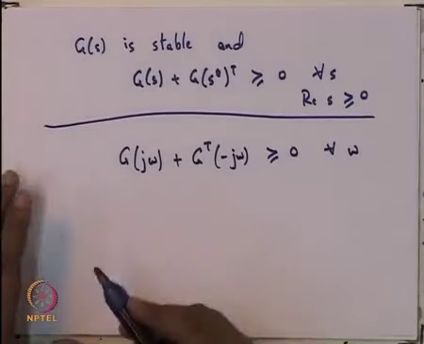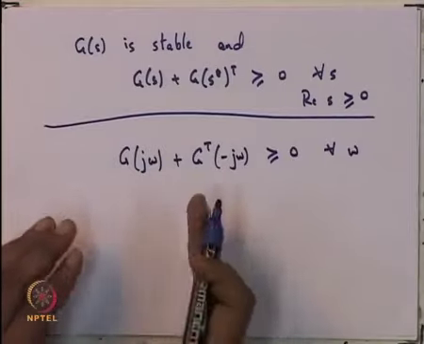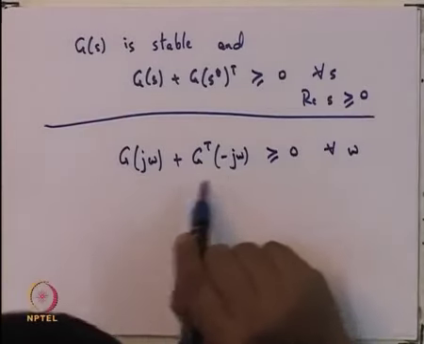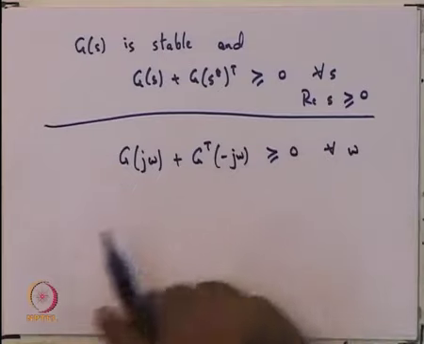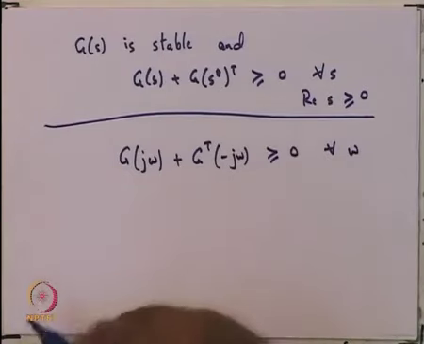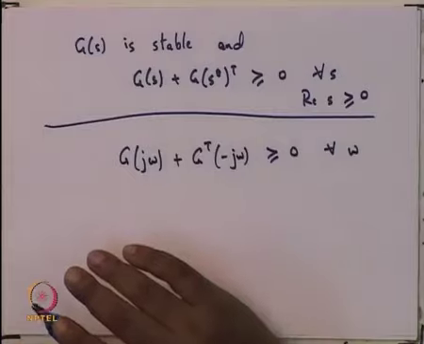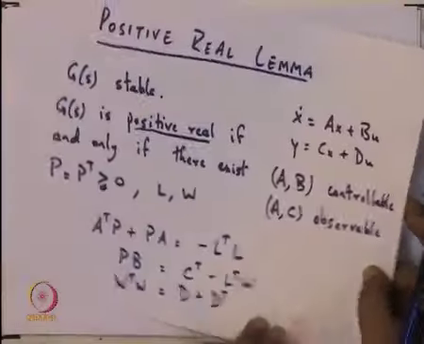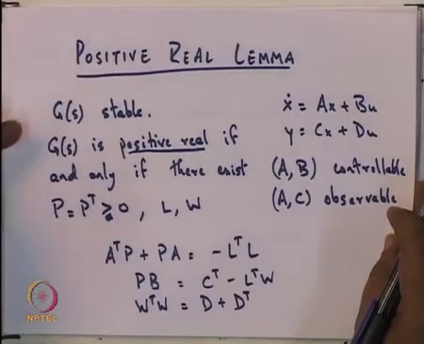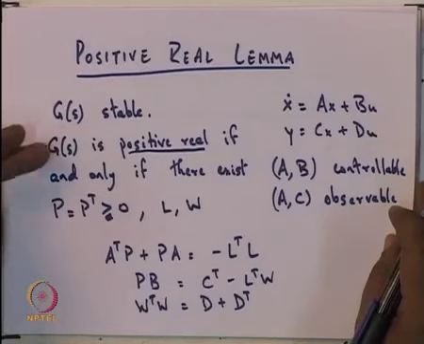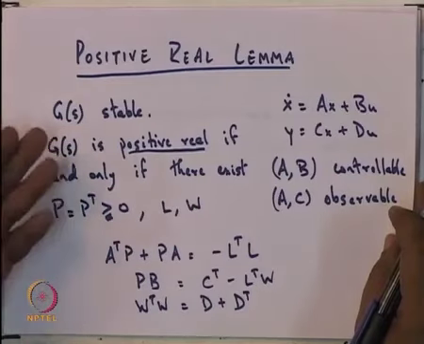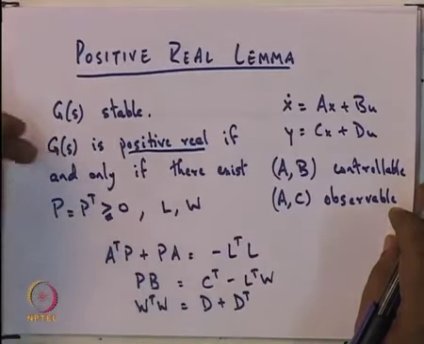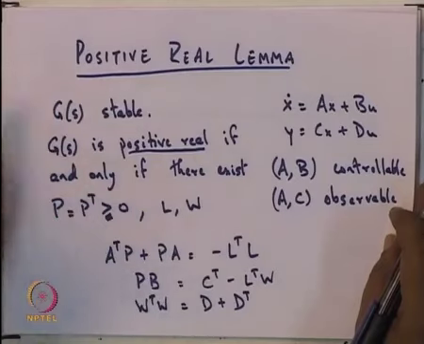Now, what this means is that, evaluated along the imaginary axis, this quantity on the left hand side is greater than or equal to 0. Even though I have only been talking about transfer functions, these things also hold for matrices. I stated this positive real lemma, but before that I was only talking about single input, single output transfer functions. The positive real lemma as it stands is valid even for G S which are not single input, single output.